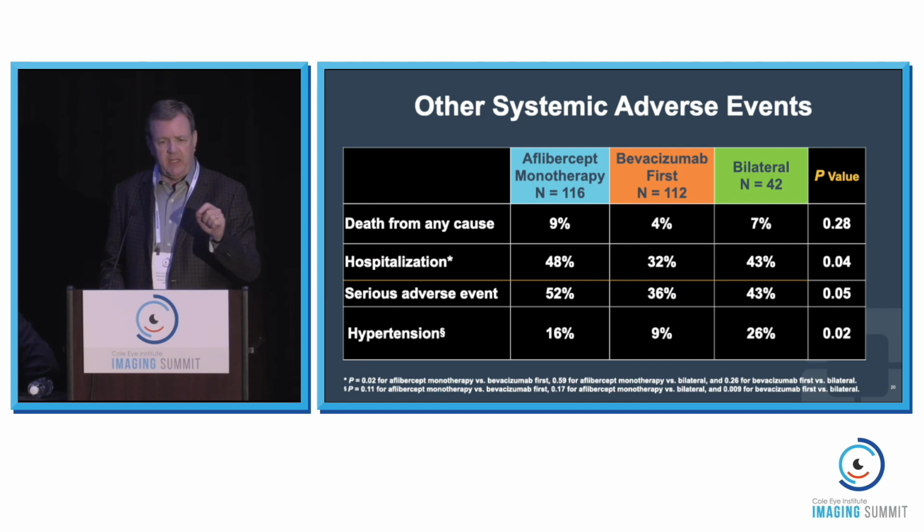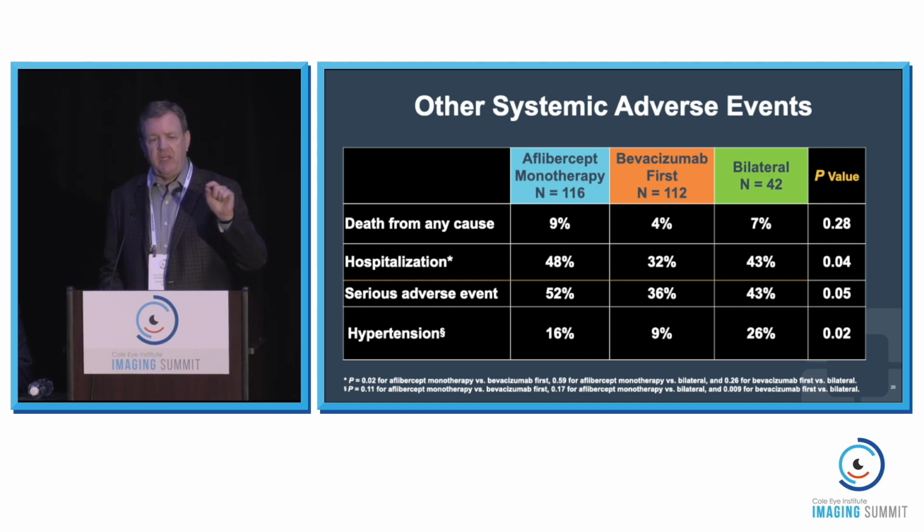I put this slide in here for a reason, and that is I've talked a lot about systemic adverse events, forever. You may recall in CAT there was this difference that people tried to blow up, and we said it was probably chance. You may remember in Protocol T there was an increased risk of adverse events against ranibizumab, and in the New England Journal editorial that I wrote, I said that's almost certainly chance.